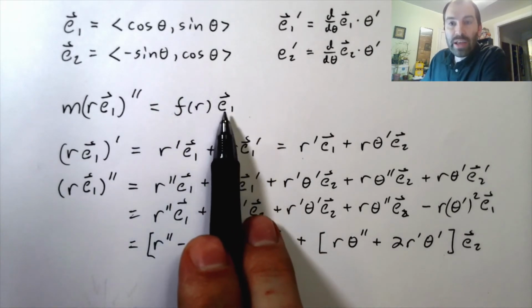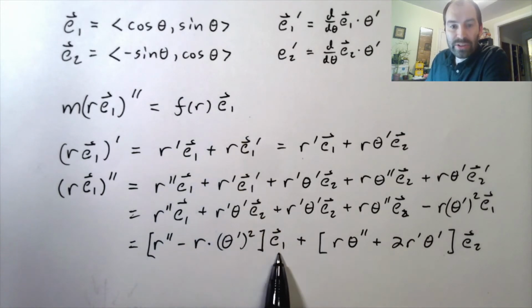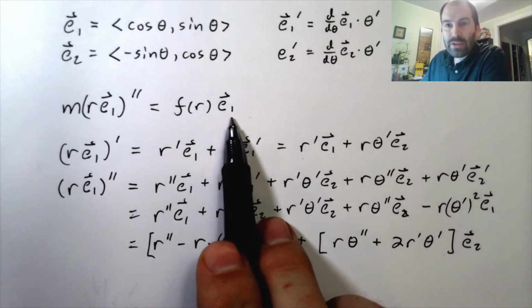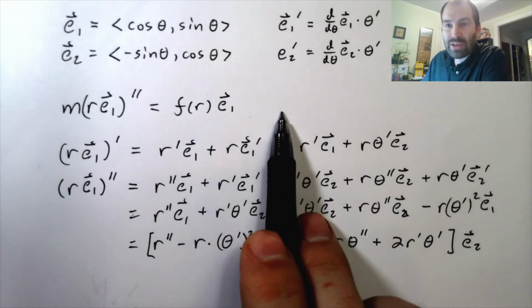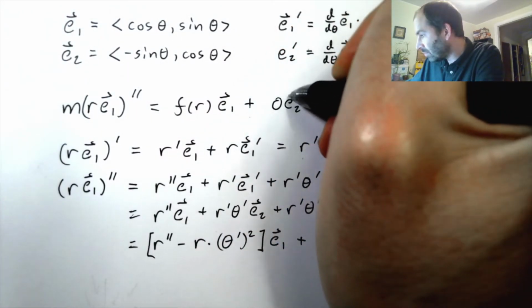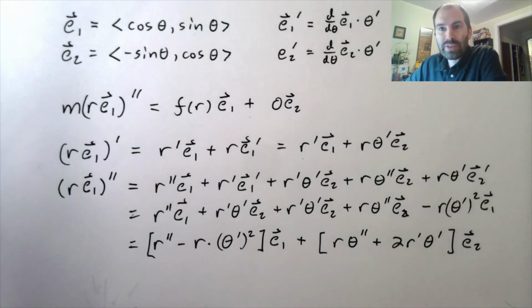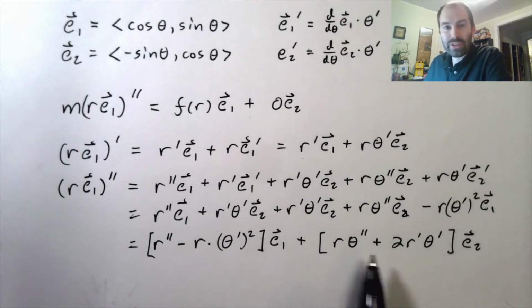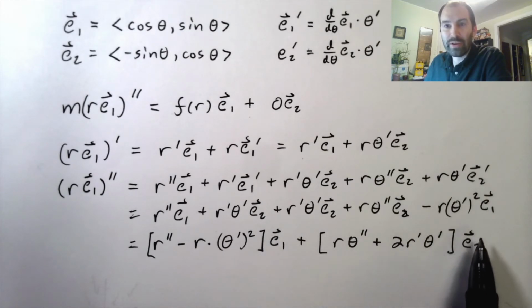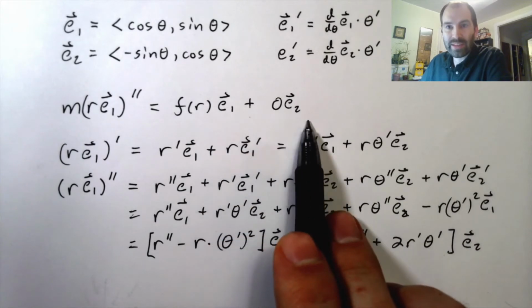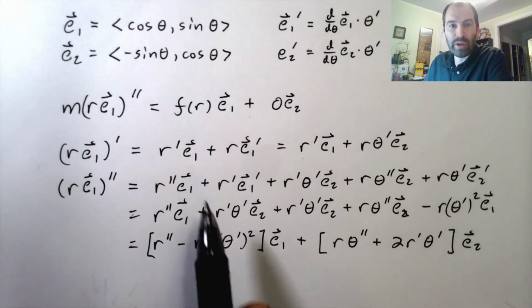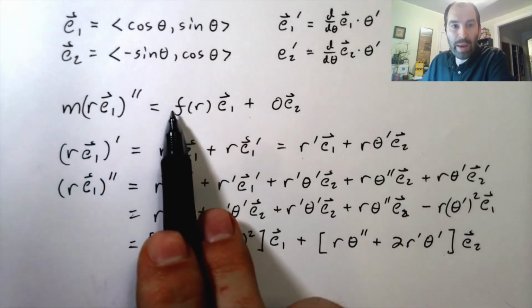But this stuff has only got an E1 vector, right? Now, these vectors, E1 and E2, are orthogonal, right? So this has an E1 component, but it doesn't have an E2 component, right? I could write this like this, right? Since these are completely orthogonal to each other, this has no contribution of E2, and this has no contribution of E1. Same, that's the case up here. So that means that this term over here in front of E1 must be equal to 1 over m times f of r.